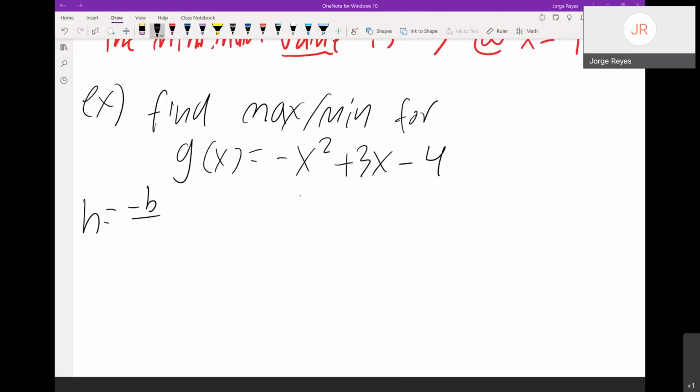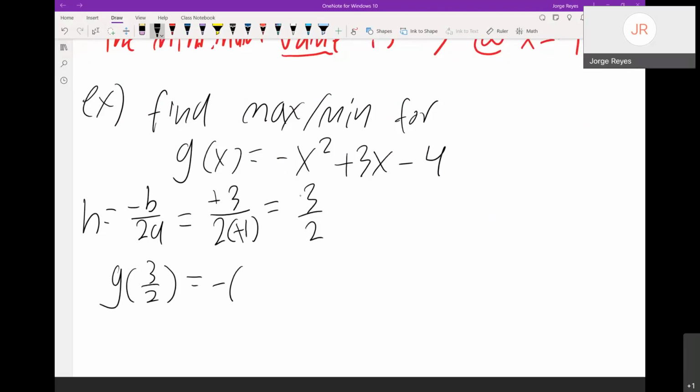You have the handy dandy negative b over 2a. You plug in, so 2 times negative 1. That's going to be 3 over 2, because the negatives cancel. So h is 3 over 2, which is a little nasty, but that's okay. You guys are adults. You can handle fractions. I believe in you.